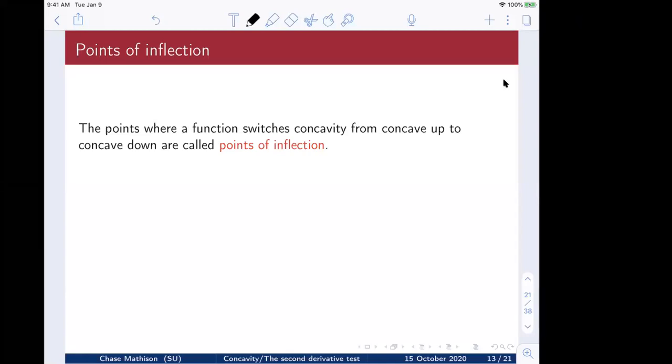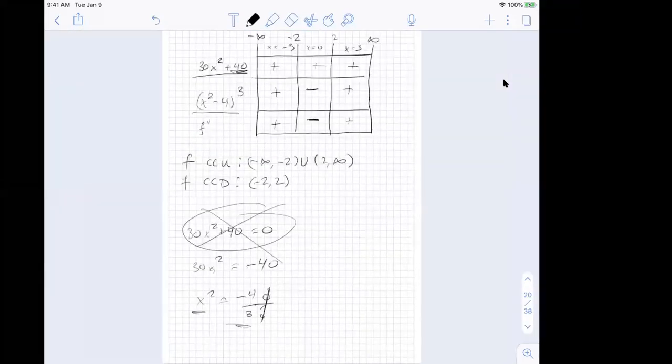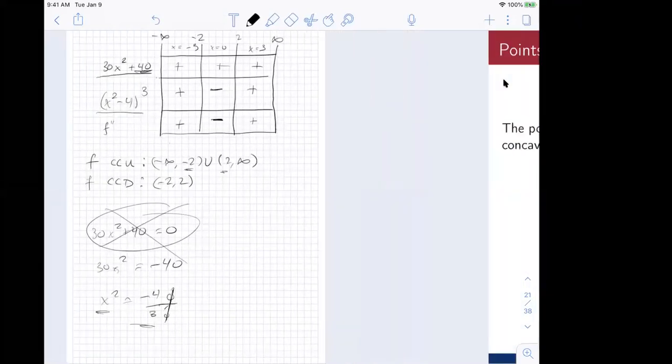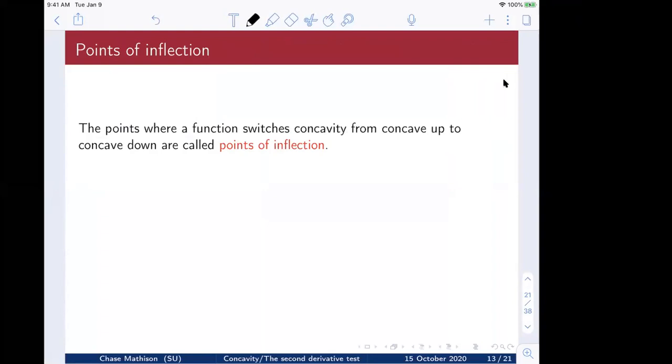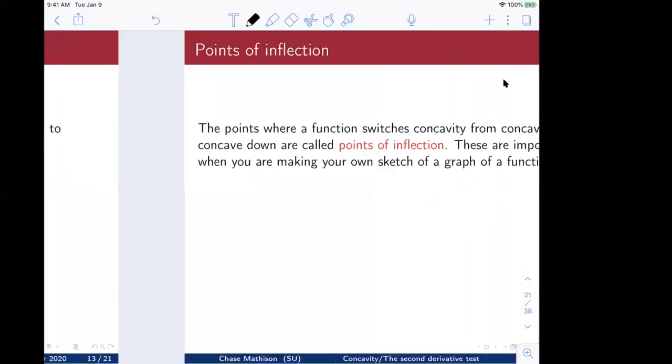For a point of inflection to exist, we need f to exist at the point. That's why on this example, -2 and +2 are not points of inflection, because f of x is undefined at those points. So points of inflection are points on the graph of f where f switches concavity.